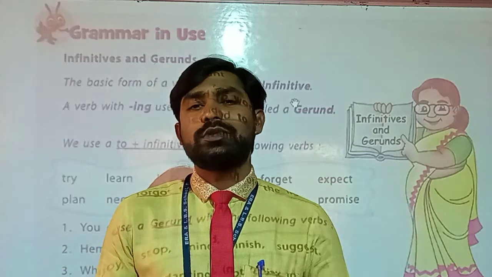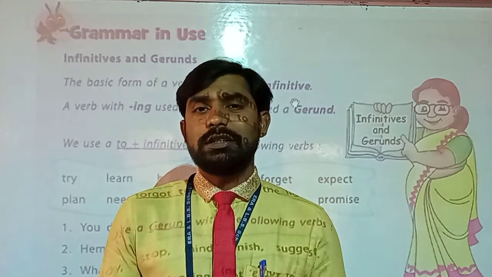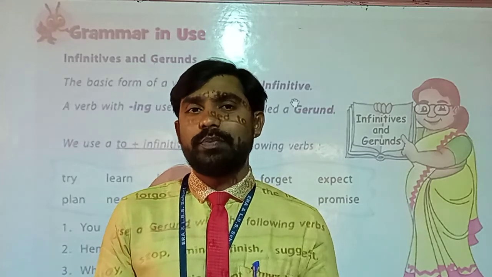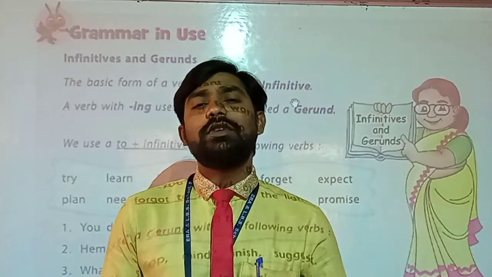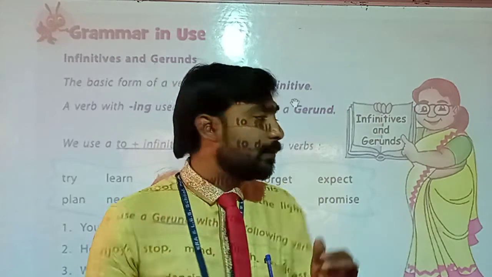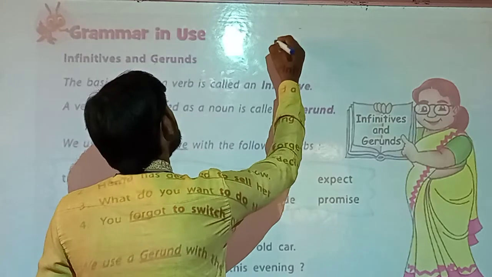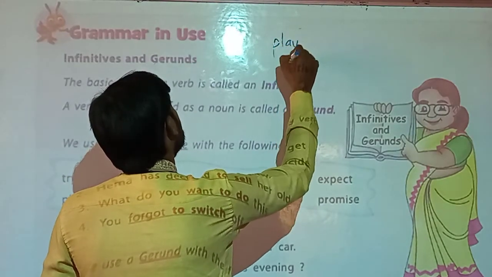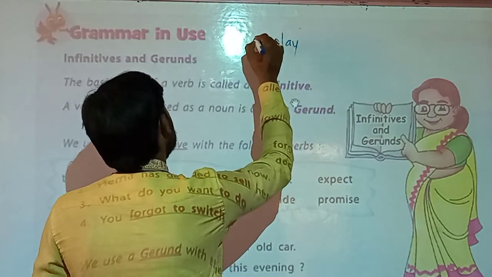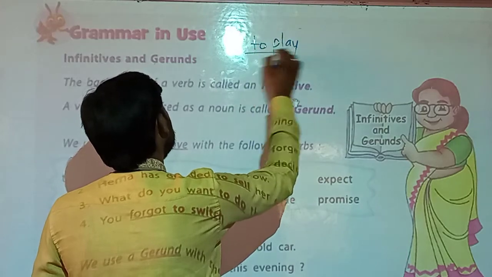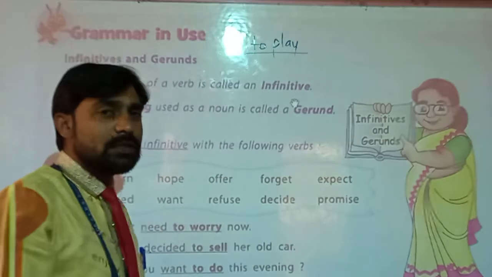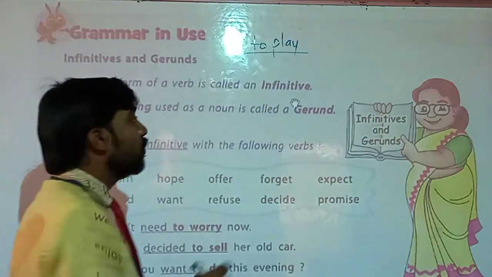Now students, suppose play is an action. It is an action word. It is a verb, play. So when we write to play, play is a verb, but when we add to here, to play, it is infinitive.